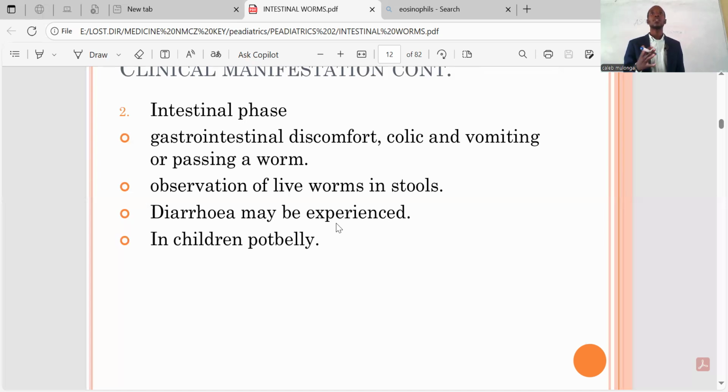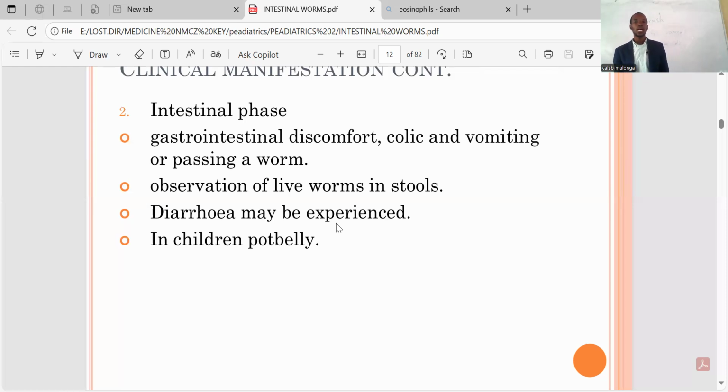Yes, happy. Basically, it is due to the presence of worms in the intestines and them lodging to the mucosa. So that is why we have abdominal pain.